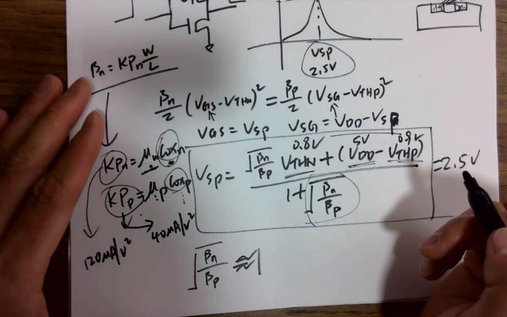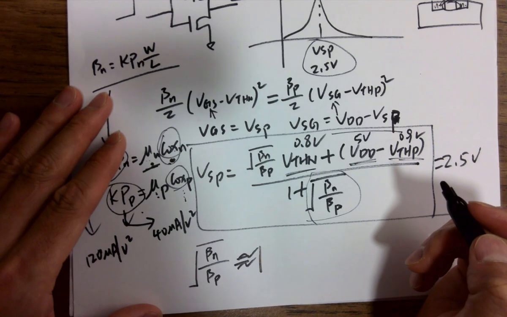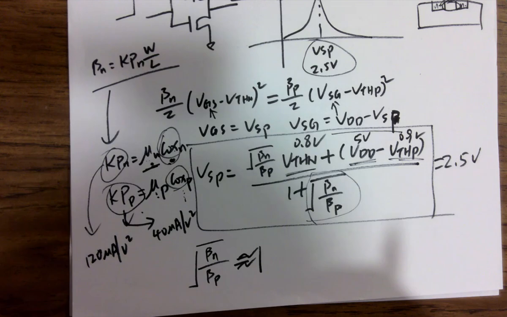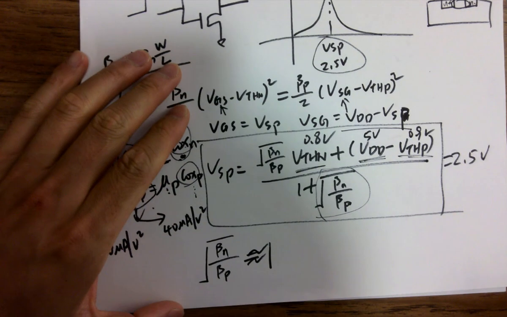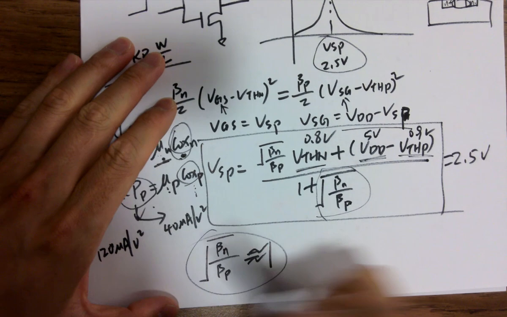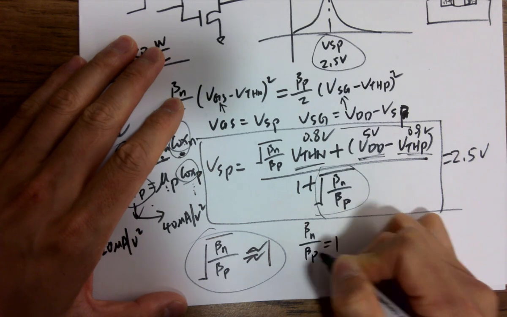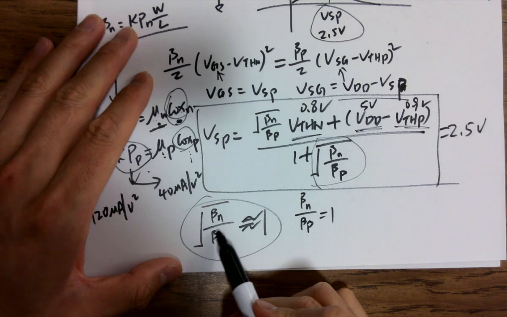So in that case, because this needs to be 1, beta n over beta p should be 1 as well.